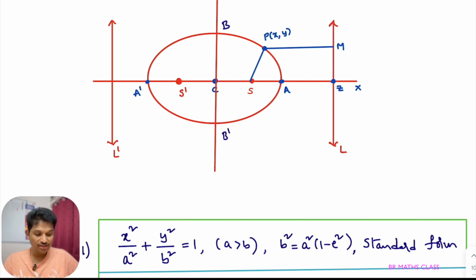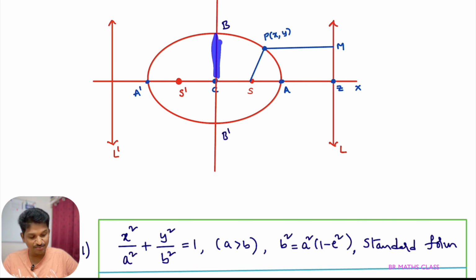Now, length of major axis and minor axis. You observe here, as we discussed, this is the major axis. What is this length? As you know, this is A, this is also A, A plus A is 2A, right? So the length of the major axis is 2A.